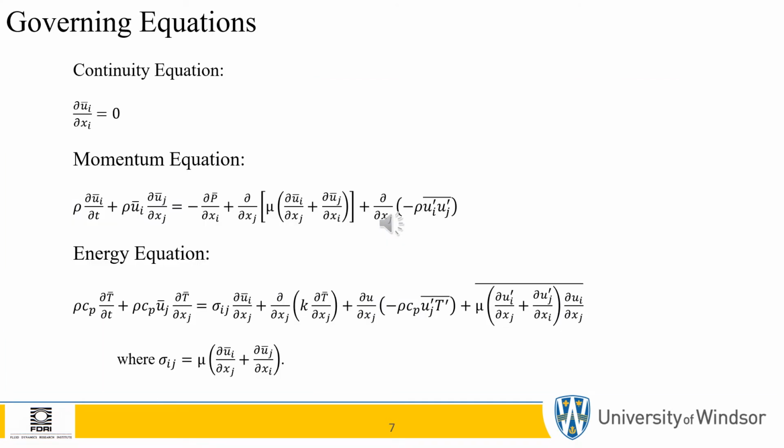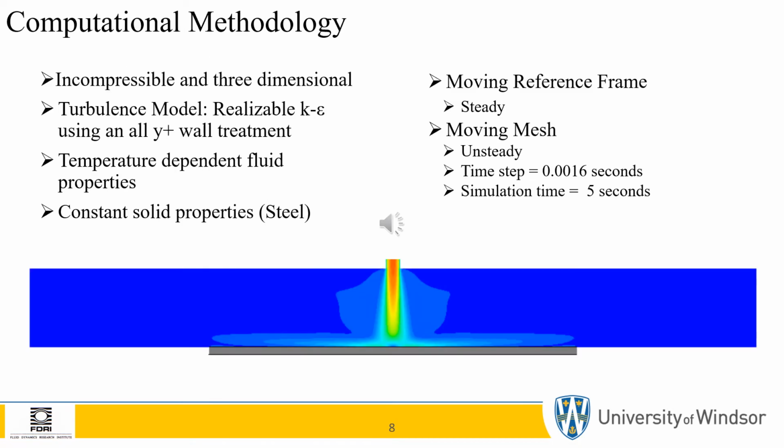Shown here are the Reynolds-averaged Navier-Stokes equations, or the RANS equations, which govern the physics of the jet impingement heat transfer problem. These are the conservation of momentum, so the continuity equation, momentum equation, and the energy equations. To solve the mentioned equations, a computational study is carried out using the commercial computational fluid dynamics software StarCCM+.